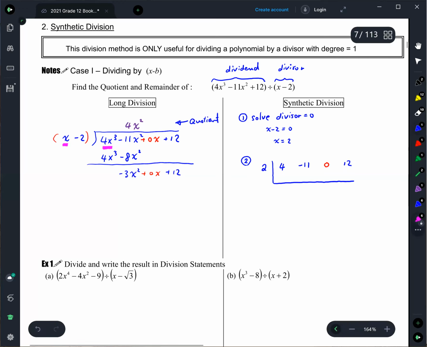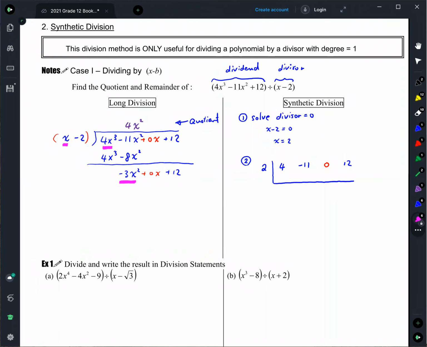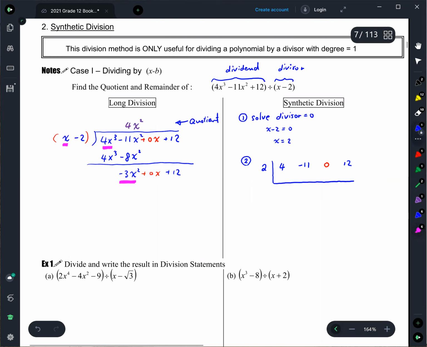Okay, so now your first term becomes this one. So now we repeat the same process, okay? So x times what can give you -3x squared now? Okay, Waylon? 3/4. x multiplied by something to give you -3x squared.